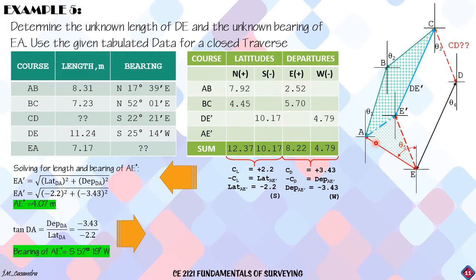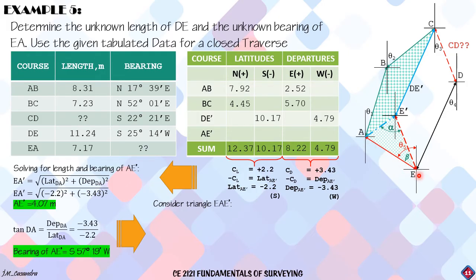So after computing the length and bearing of the closing line, we again consider the triangle formed by the closing line and your unknown sides. So we'll have here A, E, E prime. From here, we know your sides, EE prime and AE.